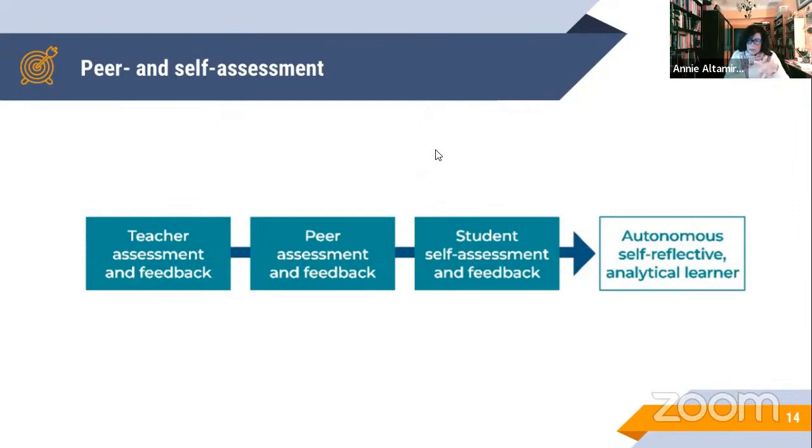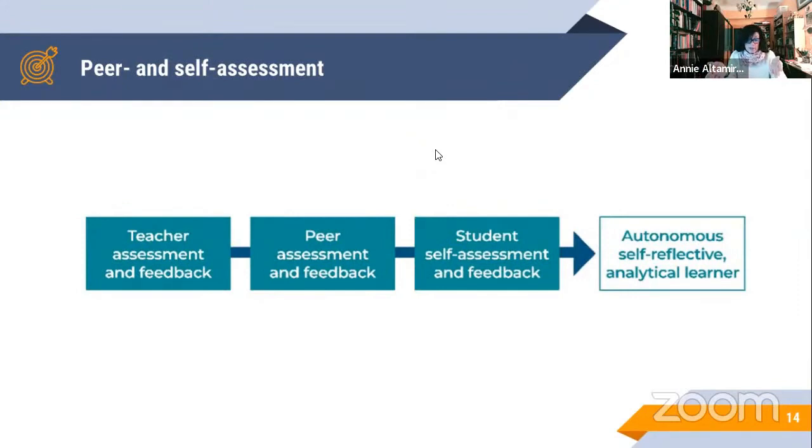It takes time and practice. As I said before, you cannot possibly tell students, okay, let's assess, sit with your partner and assess their work. Okay, how do you go about it? It needs time and practice. So we need to explicitly teach and model how to provide feedback before handing the responsibility to the students.